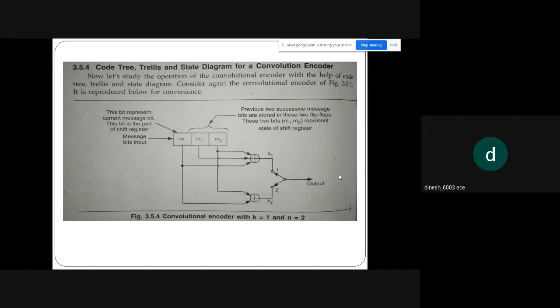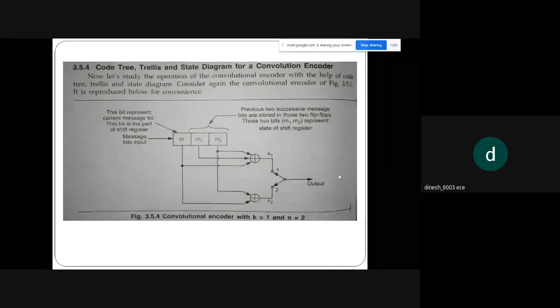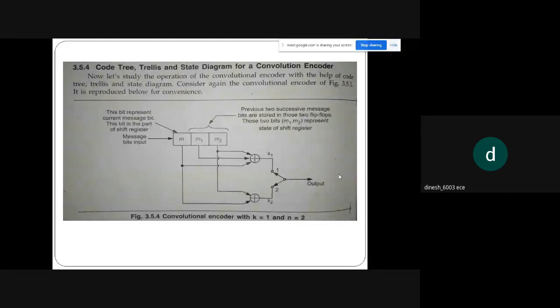With the same combination, we'll study the operation of a convolutional encoder with other methodologies called code trellis, code tree, and state diagram. Most probably you would have heard about state diagrams in your digital system design or digital electronics. The new terms would be code tree and trellis diagram. Don't worry, those are not as big as you think. They are very, very simple in convolution.